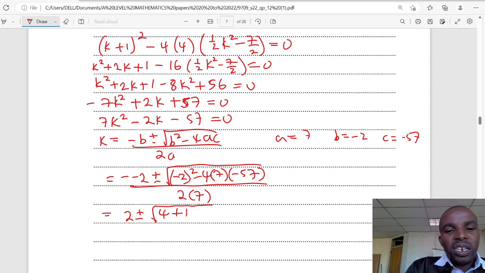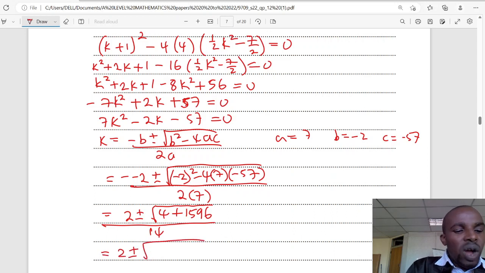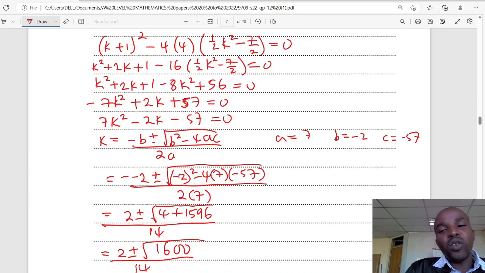You get 1596 over 2 times 7 is 14. So you get your k is equals to 2 plus or minus square root of 1596 plus 4, which is 1600, over 14. So from this, root of 1600, you get 40.